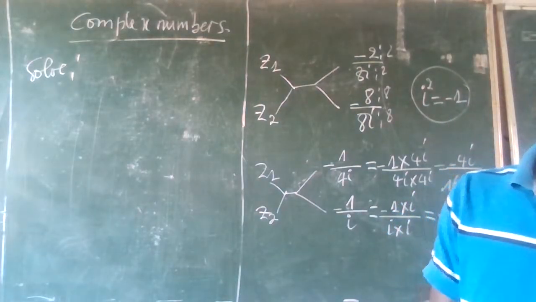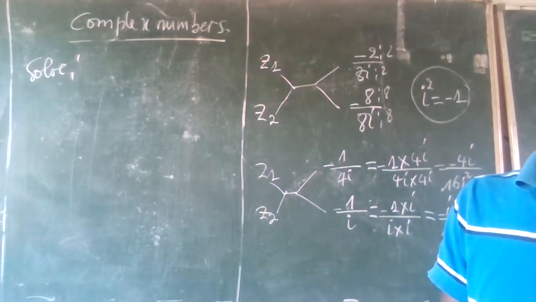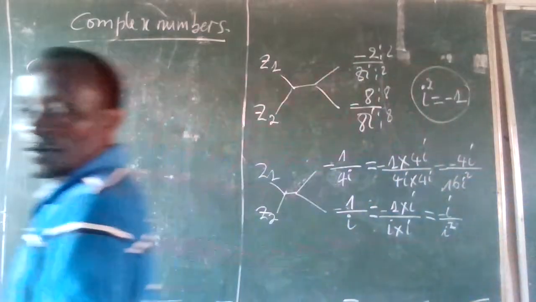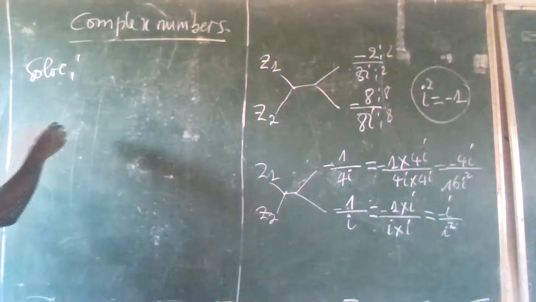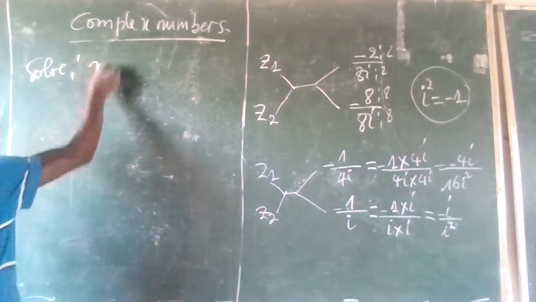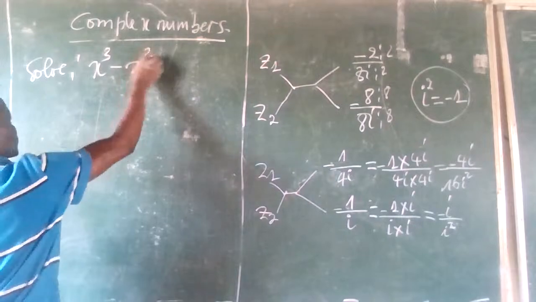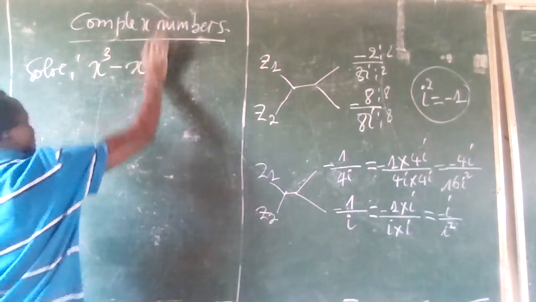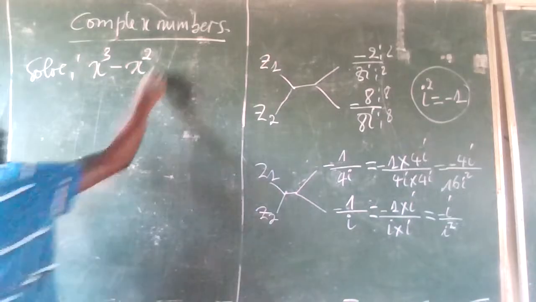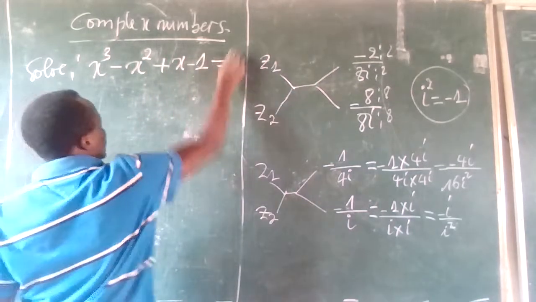Now let us go for the next. It will be about also complex, where we have x power 3 minus x square plus x minus 1 is equal to 0.